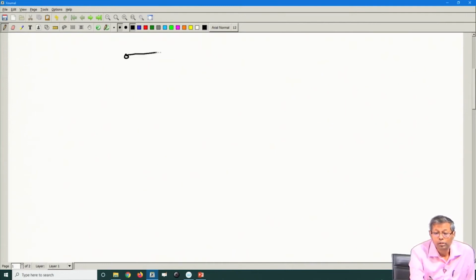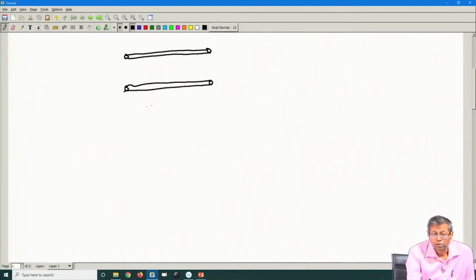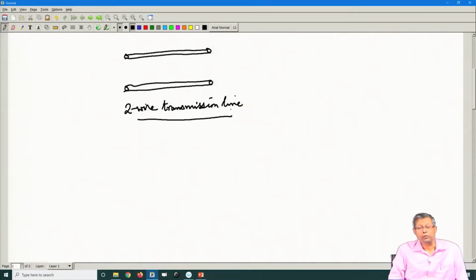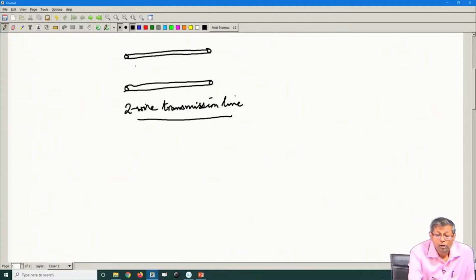Let us draw a two-wire transmission line. There we define voltage waves and current waves. The voltage is between the two conductors and the current flows in the conductor.